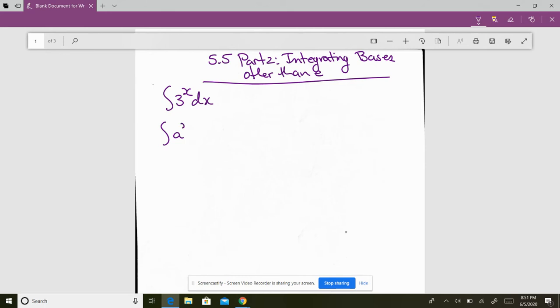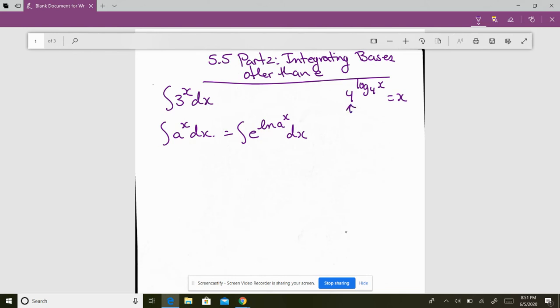I have a to the x dx, and I want to integrate that. Well, if you remember your log rules and your exponentials, I can rewrite this like this. Because e and natural log is base e. Remember, if you have this sort of thing, 4 to the log base 4 of x, that equals x.